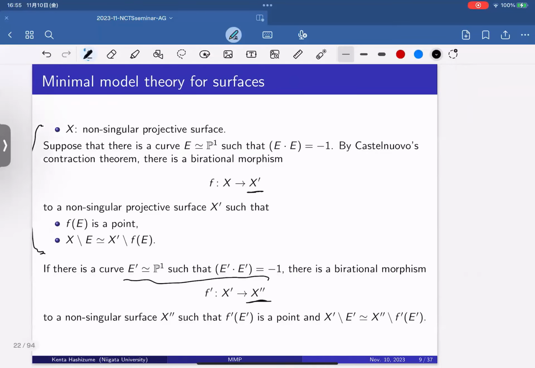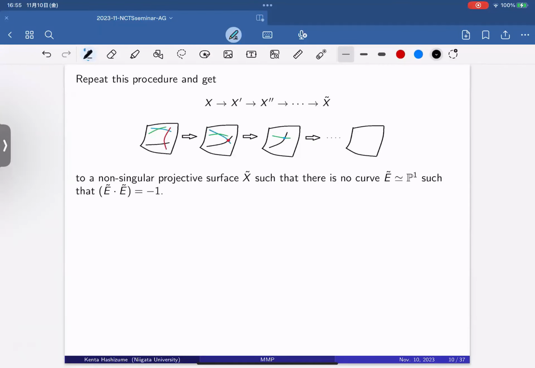Then we can repeat this discussion. Finally, we get a smooth projective surface X tilde such that there is no -1 curve. This surface is called a minimal surface.